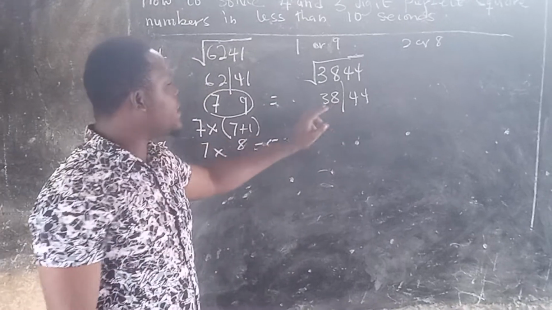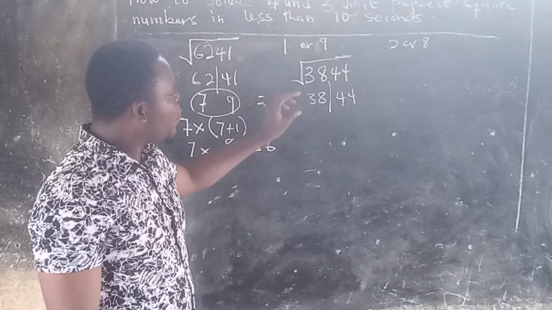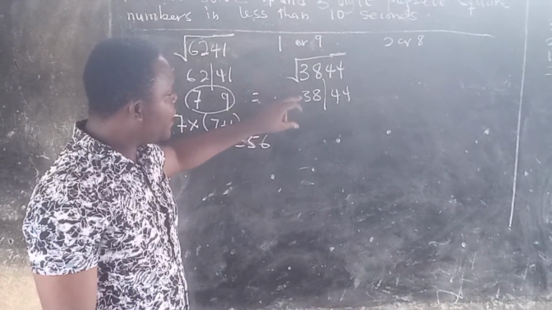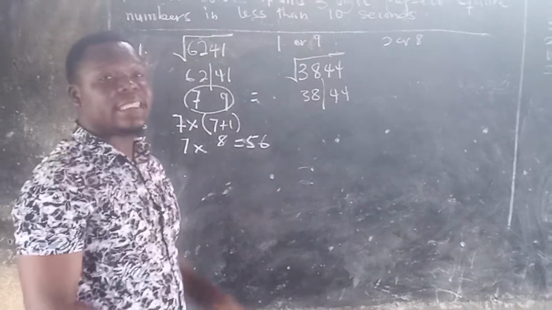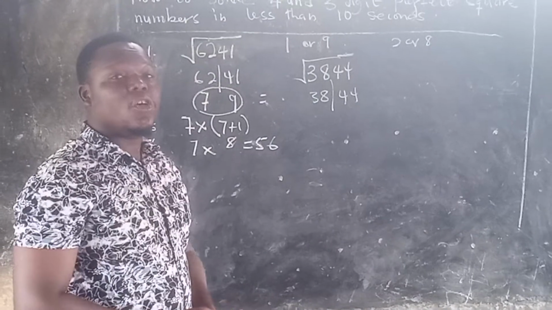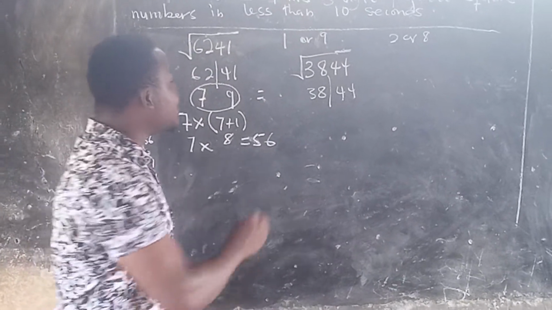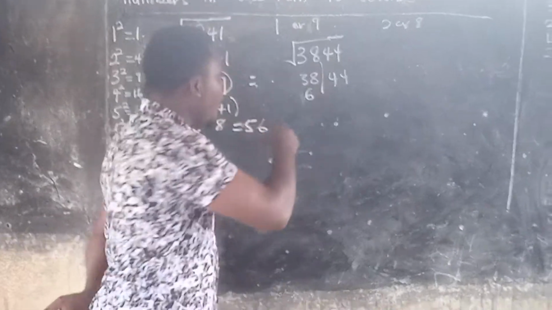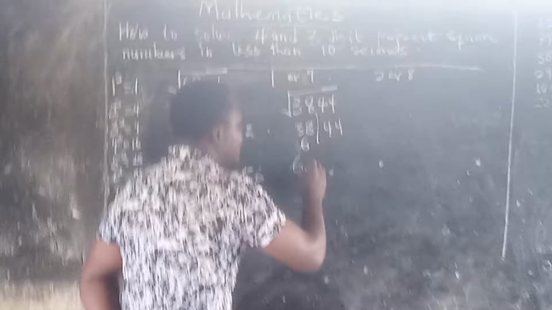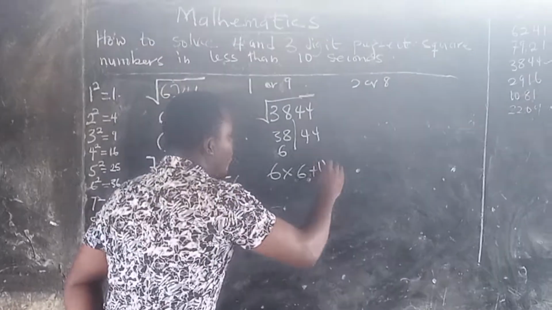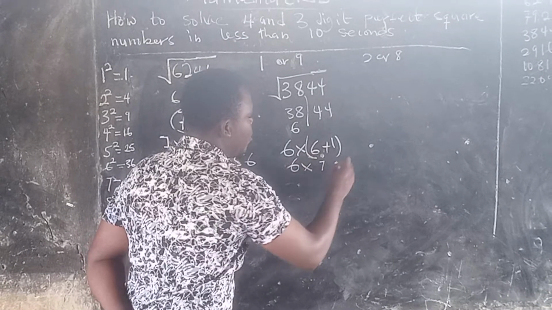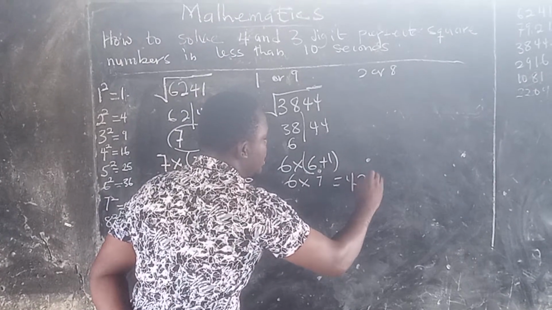Now let's come to this 38. The possible perfect square number closest to 38 is 36. When you take the square root of 36, you get 6. We multiply 6 times 6 plus 1, so we get 7 times 6, which is equal to 42.